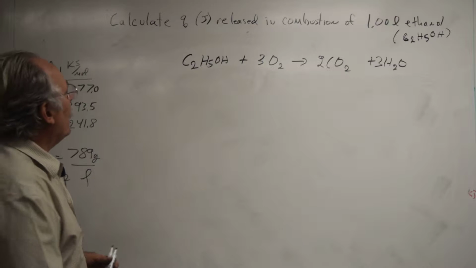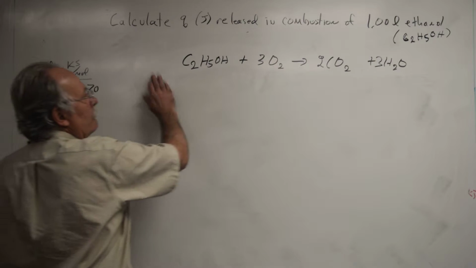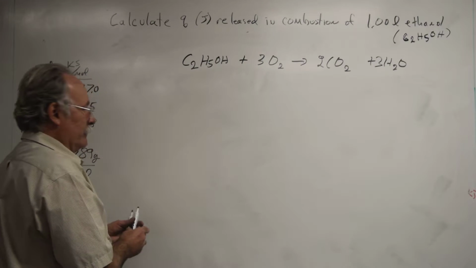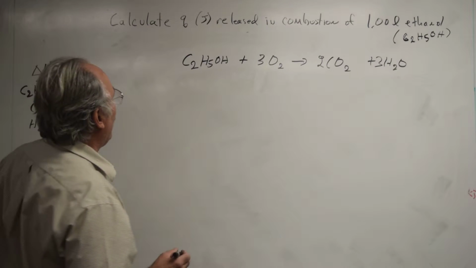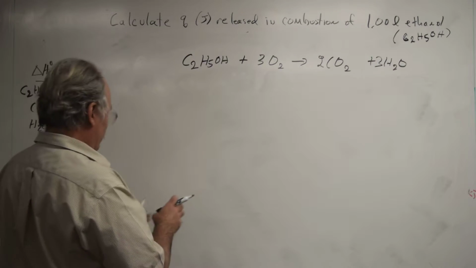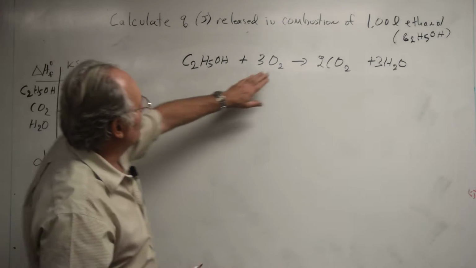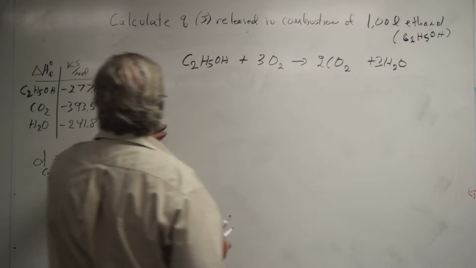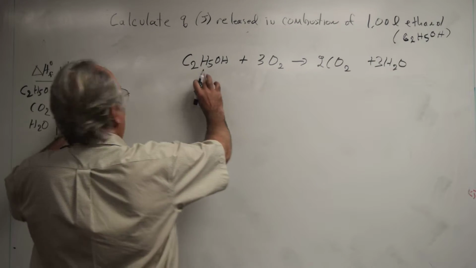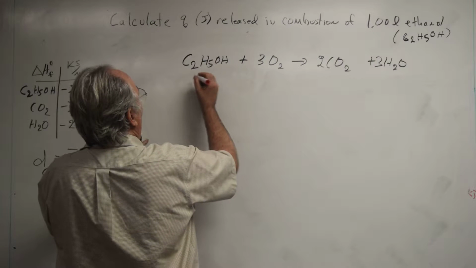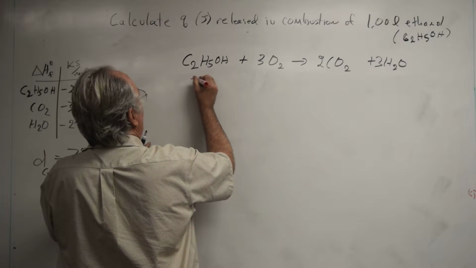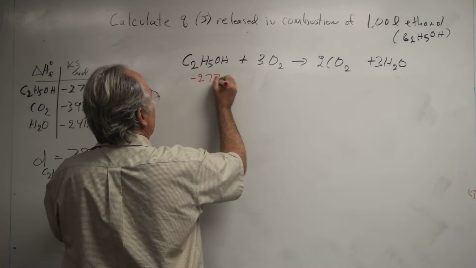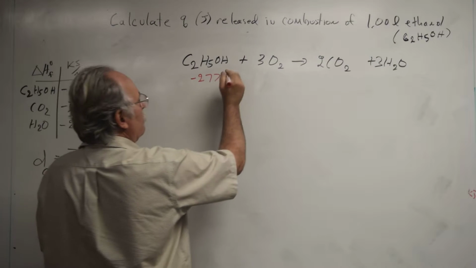Okay? This is a two-part problem. First part is we want to calculate the delta H reaction, the enthalpy of reaction. So what I usually do is I like to write below the species what their values are. So the ethanol has a molar enthalpy of formation of minus 277, and this is kilojoules per mole.